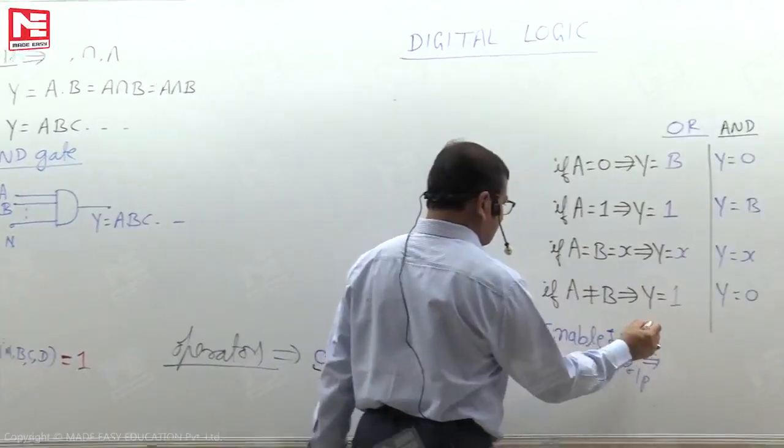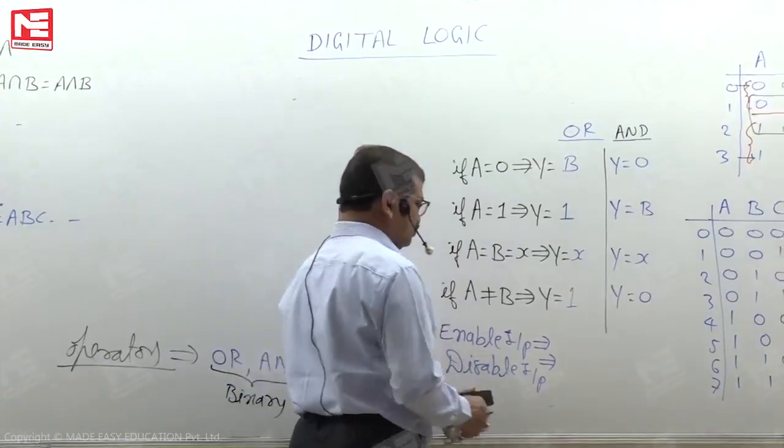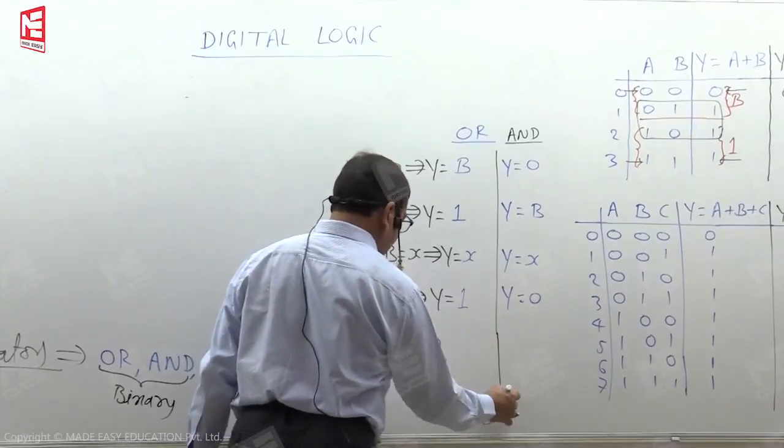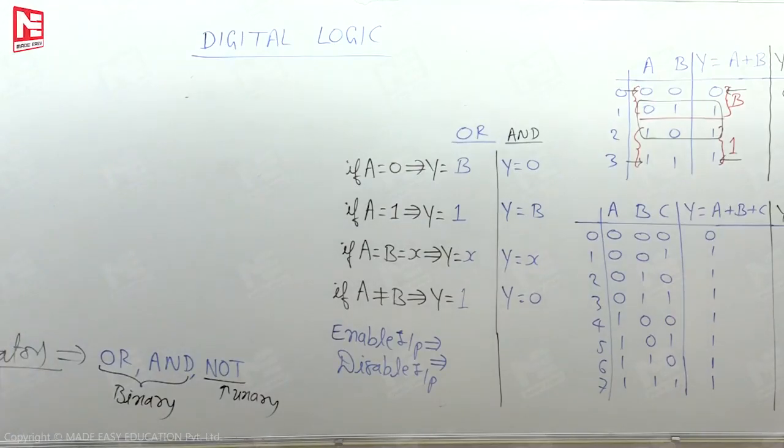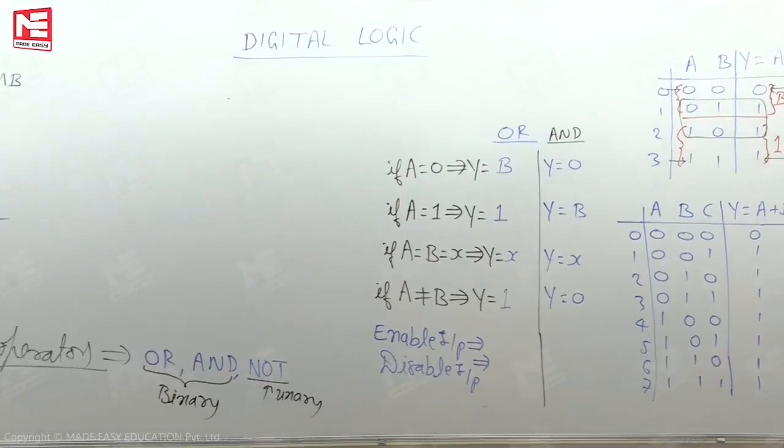Again, we need to identify these enable and disable inputs on every gate whenever the gate has more than one input.